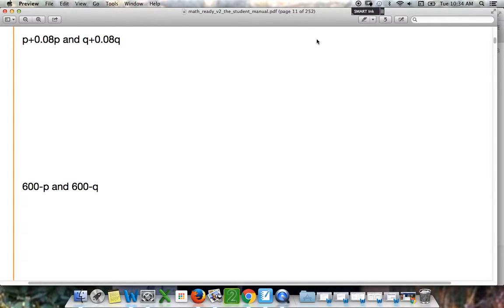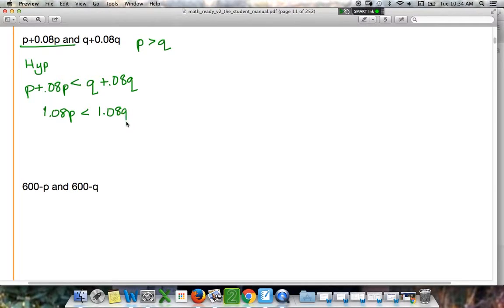So for this one, again, we're given the same thing. P is larger than Q. So let's say, I think most of you know that this one is going to be the larger one. But let's say you thought that one was. Let's say that you thought the Q's were going to be the same, or the larger one. Well, you can do this a couple of ways. Combine these, so P plus 0.08P would be 1.08P, and this would be 1.08Q.